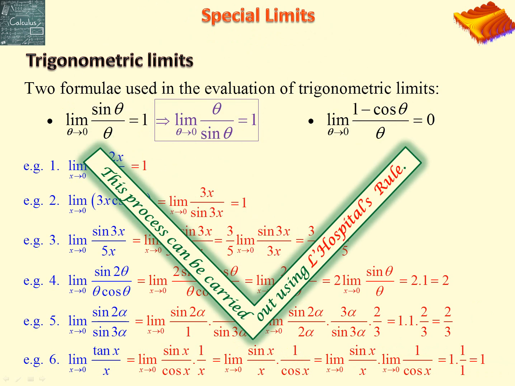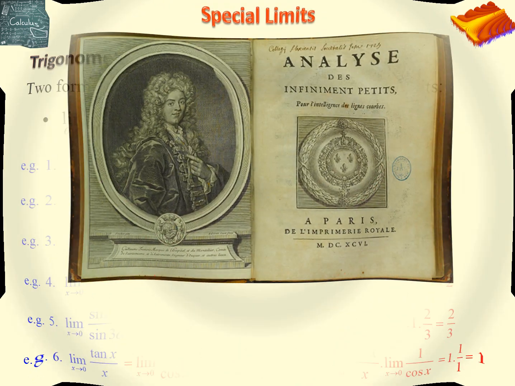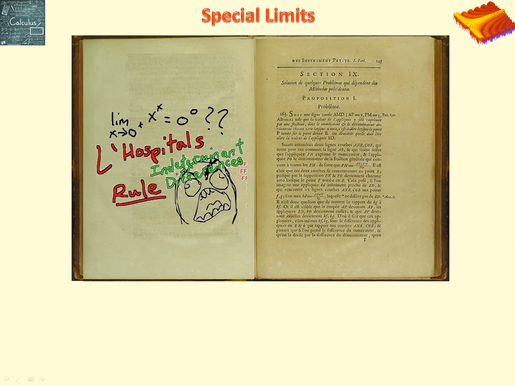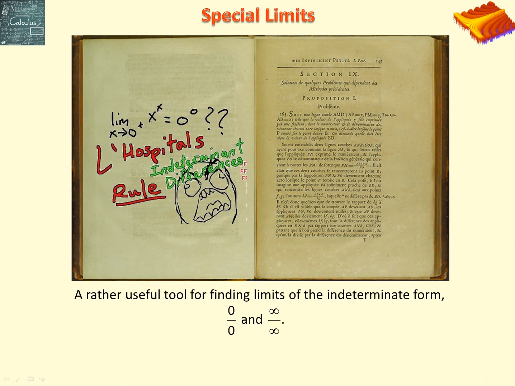Now we can carry this out using L'Hospital's Rule. Some people say L'Hopital's Rule. Very useful for finding limits of indeterminate forms, of the form 0 over 0 and infinity over infinity.